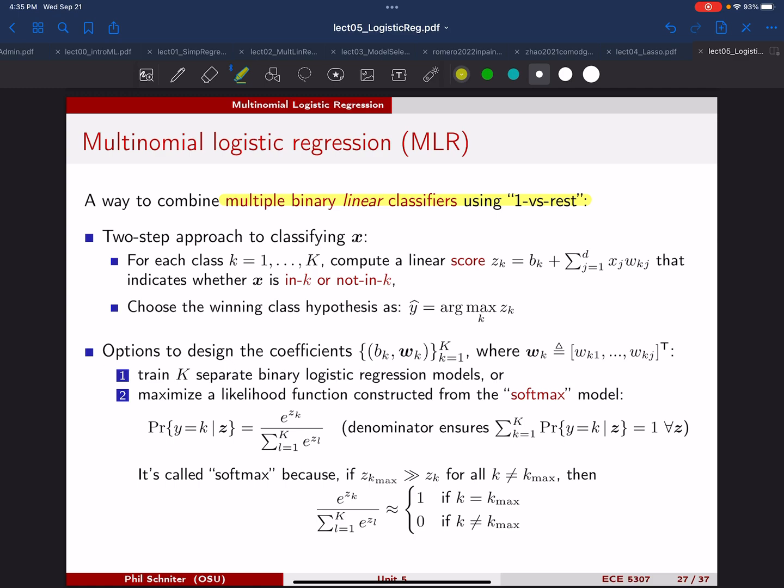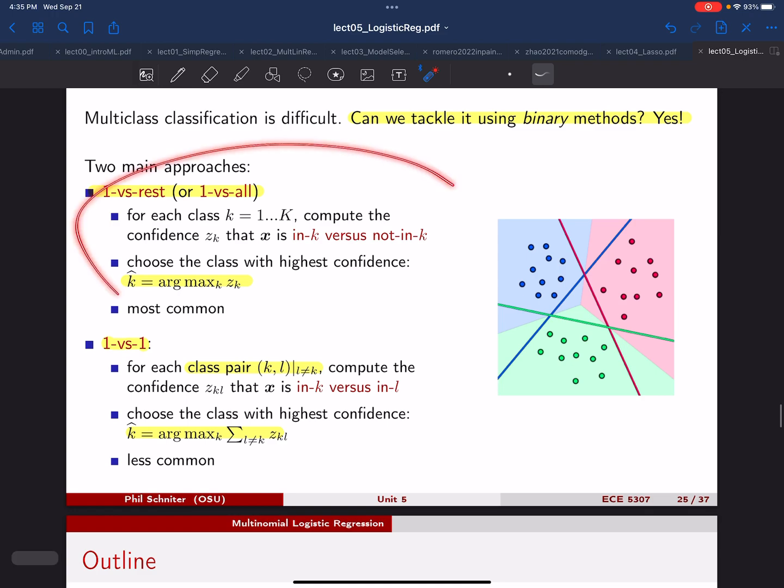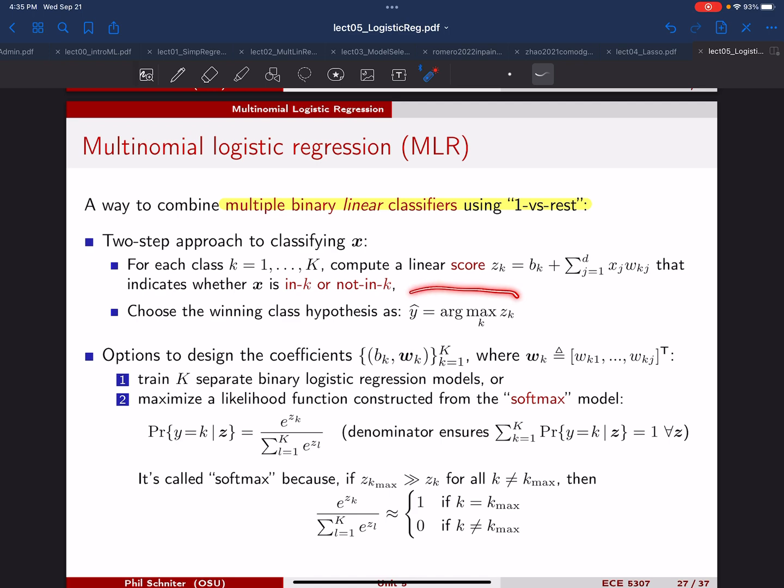In the binary case, there's only one score we computed before we quantize it. Now, we're going to compute a different score, zk, for each of our capital K classes. So just the idea that I described over here. So we have multiple scores. And then, as I discussed, we just find the index of the biggest score, and that is what we report as our guess.